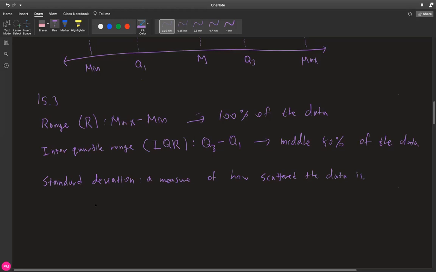The formula itself is a little too complicated. You may actually be asked to find one or two standard deviations. Nothing too complicated, but here's a formula. The square root of the sum of x minus the average, squared, divided by the size.